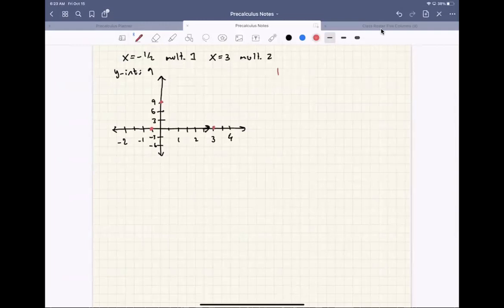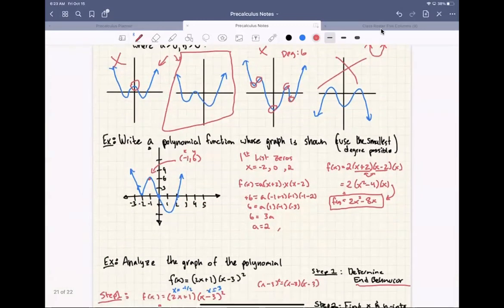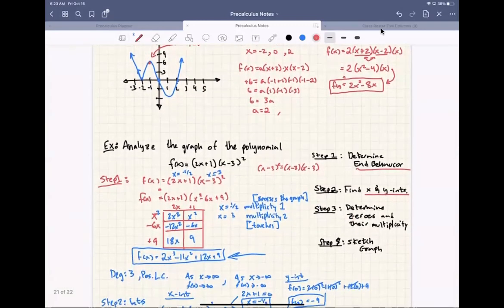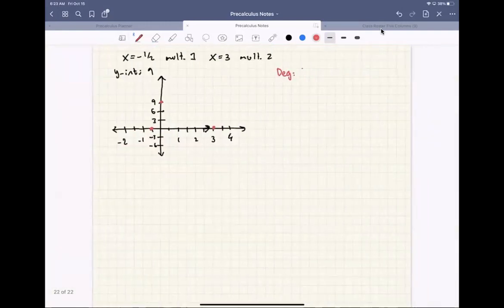Right, so its degree we determined was degree 3. And it has a power function of x cubed, right? So it should look like this in behavior. Okay.